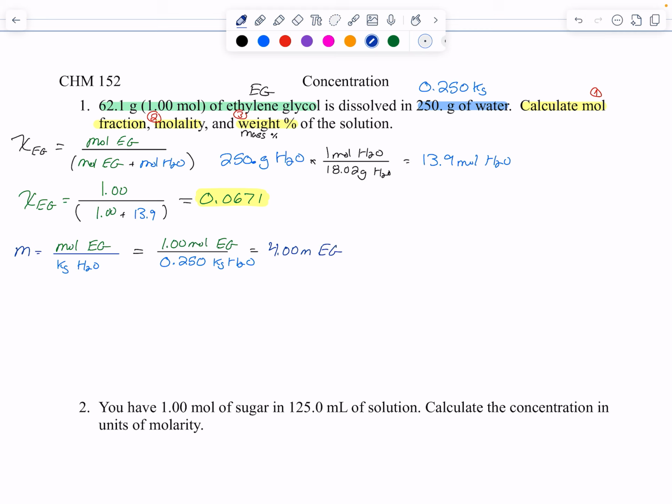All right, last one, mass percent. Oh, let's highlight that. Didn't highlight that. There's that one. Mass percent or weight percent. I have my grams of ethylene glycol over my grams of ethylene glycol and my grams of water, times 100%.